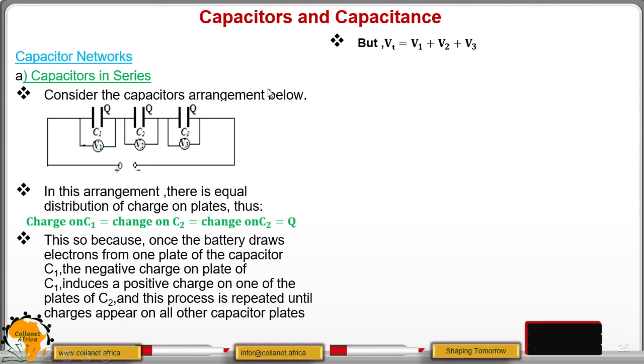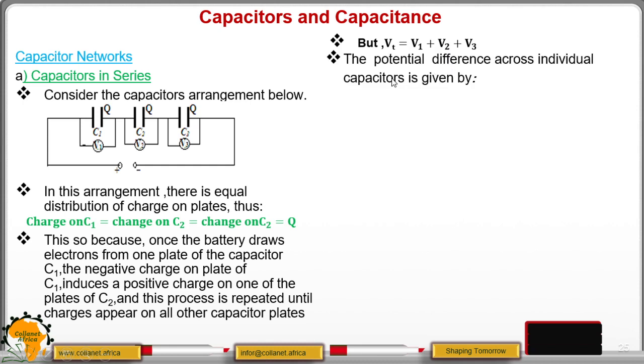But we know that V total equals V1 plus V2 plus V3. Therefore, the potential difference across each capacitor is given by the charge divided by the capacitance.